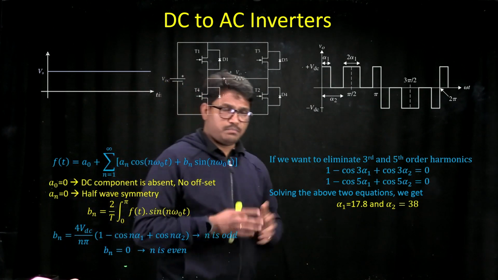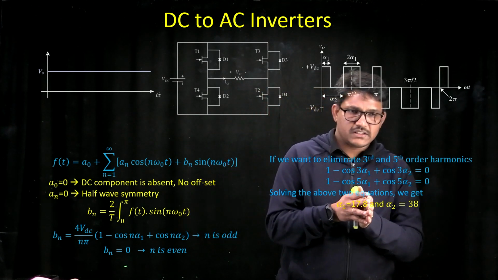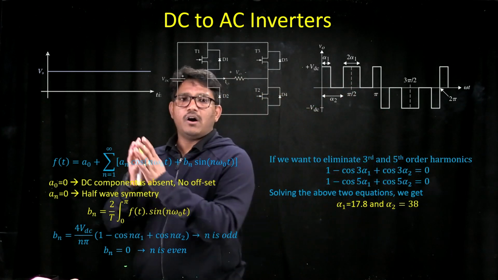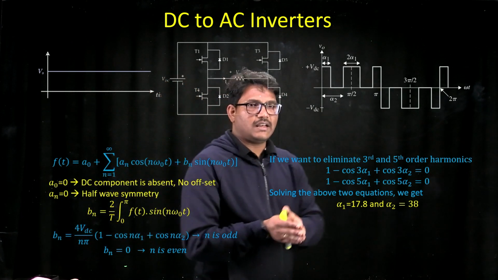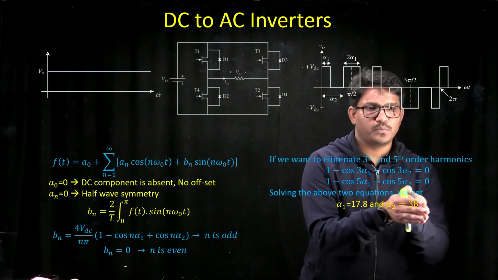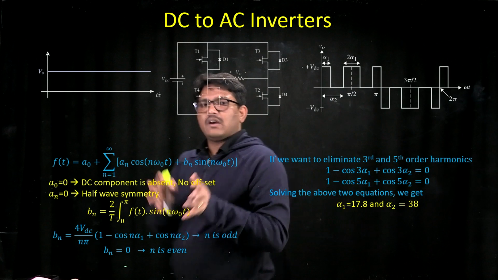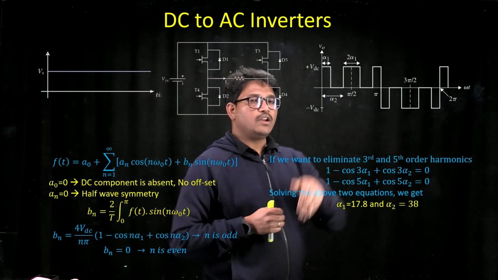We learned that by adjusting or modulating the width of the output voltages, we can eliminate the harmonics in our output voltage. So pulse width modulation is a technique where you try to eliminate the harmonics in your output voltage by modulating or adjusting the width of the output pulses in your inversion process.